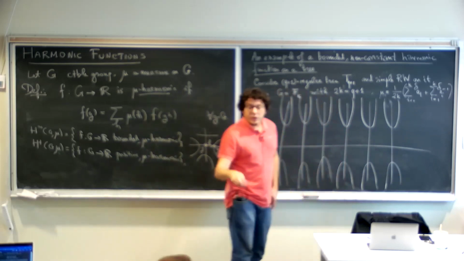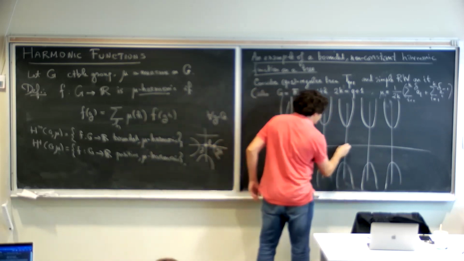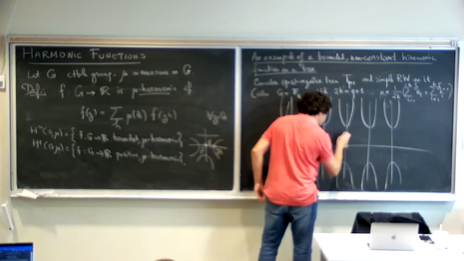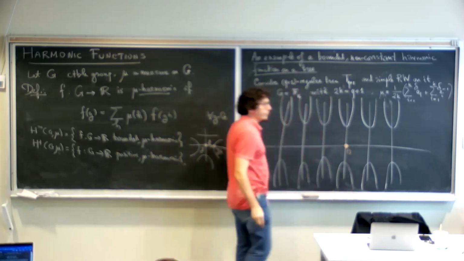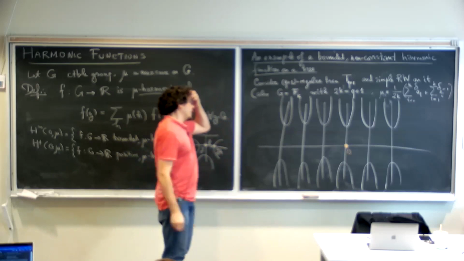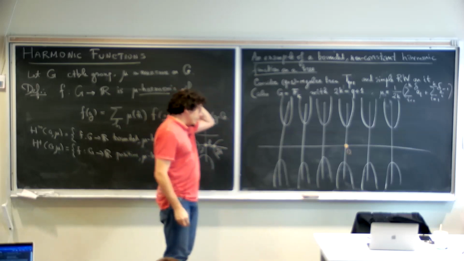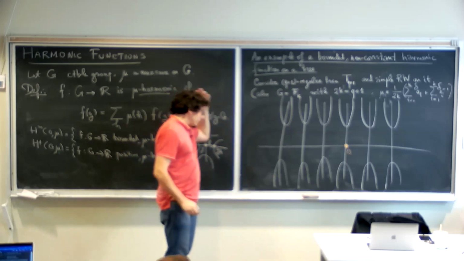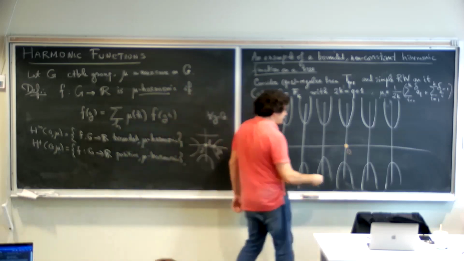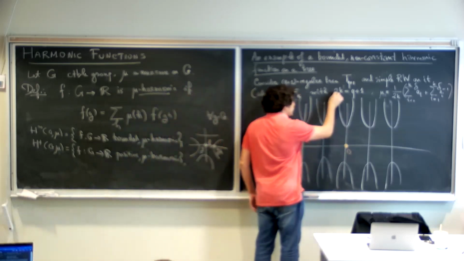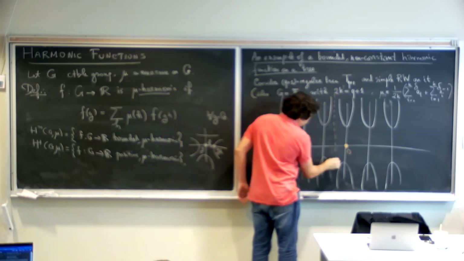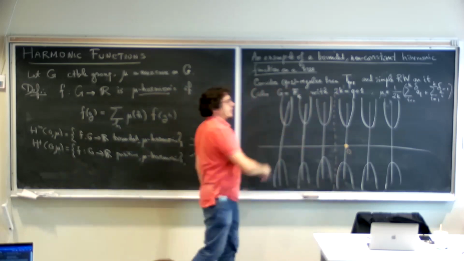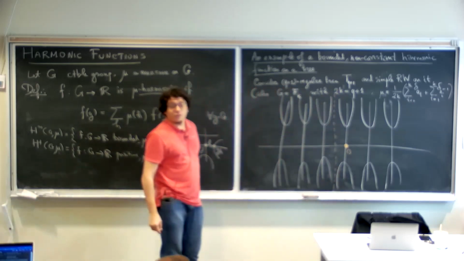Okay, so we pick a reference point, let's say here. Say this is our origin. And the idea is it's somewhat not so hard to construct a function which is harmonic, say on the right-hand side of this.